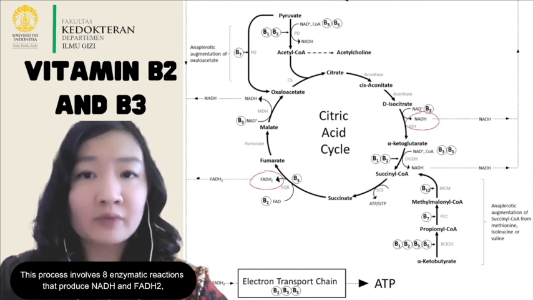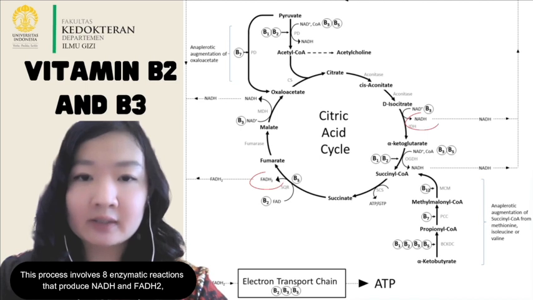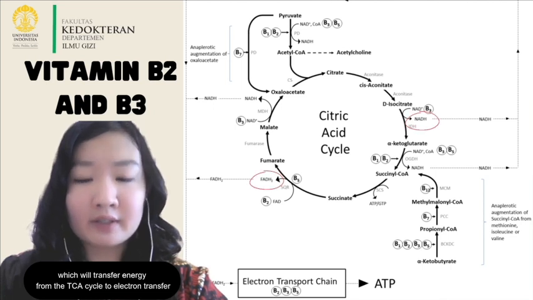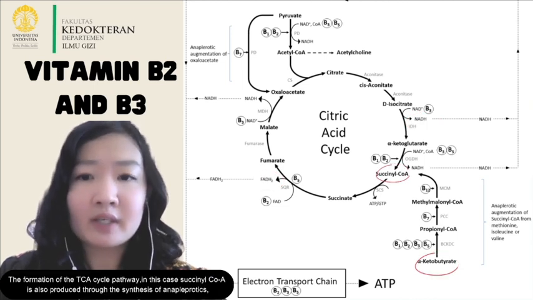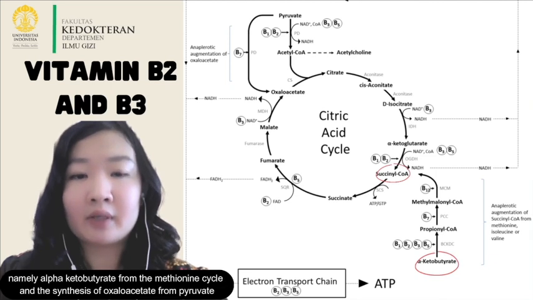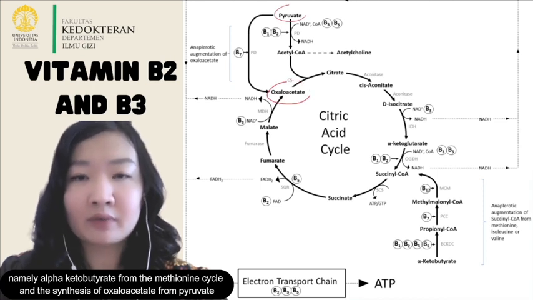This process involves 8 enzymatic reactions that produce NADH and FADH2, which will transfer energy from the TCA cycle to electrons transfer. The formation of TCA cycle pathway, in this case succinyl-CoA, is also produced through the synthesis of anaplerotics, namely alpha-ketobutyrate from the methionine cycle, and the synthesis of oxaloacetate from the pyruvate.